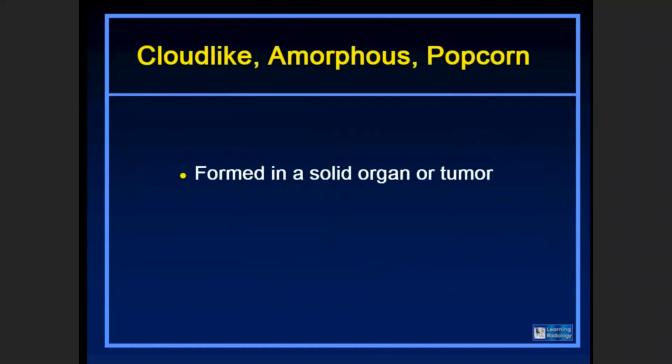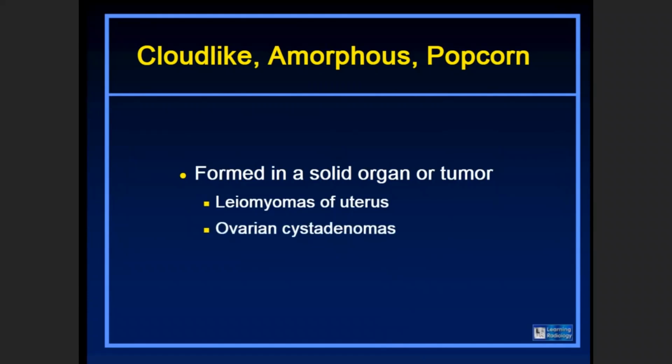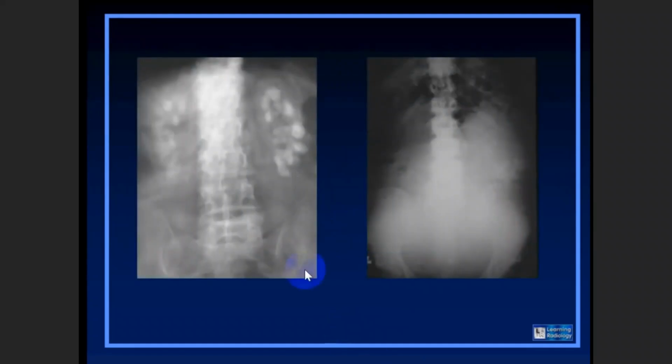Cloud-like, amorphous or compound type of calcification is a different type of calcification formed in a solid organ or tumor, like the fibroid of the uterus, or the other name, myomas of the uterus, and ovarian cystadenomas.